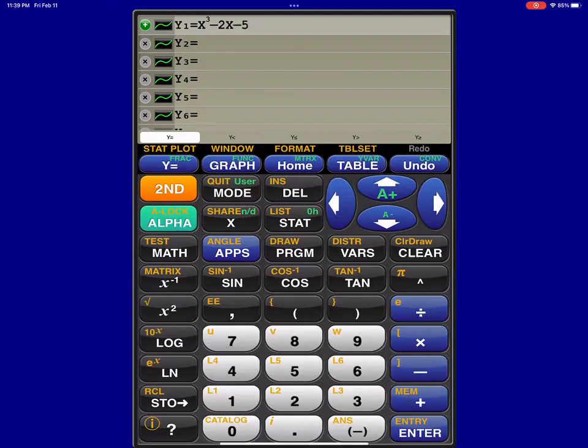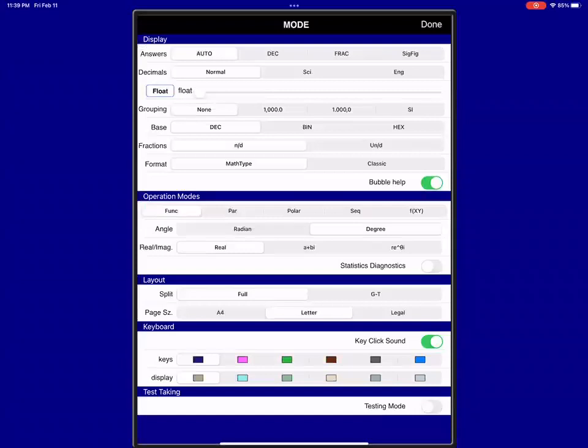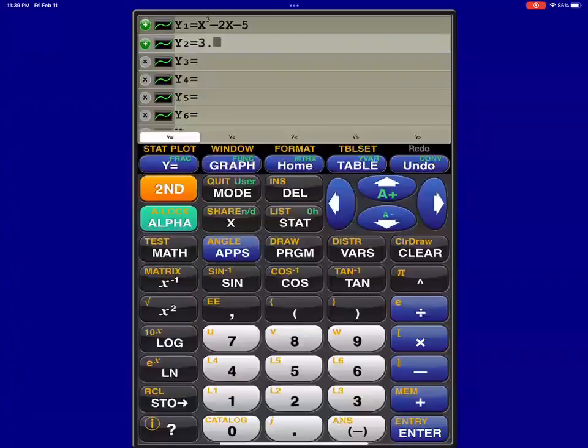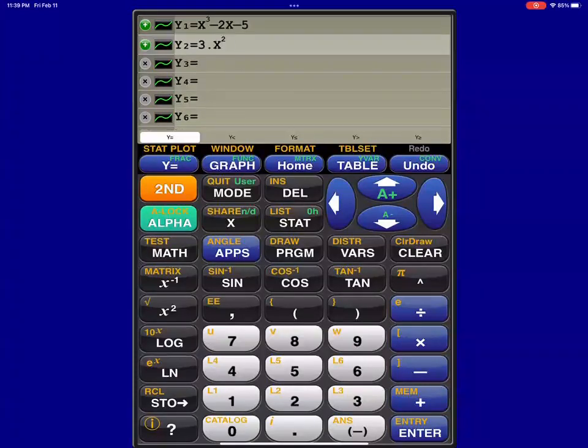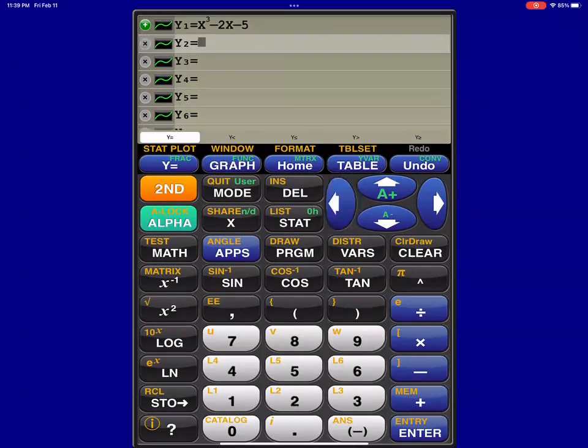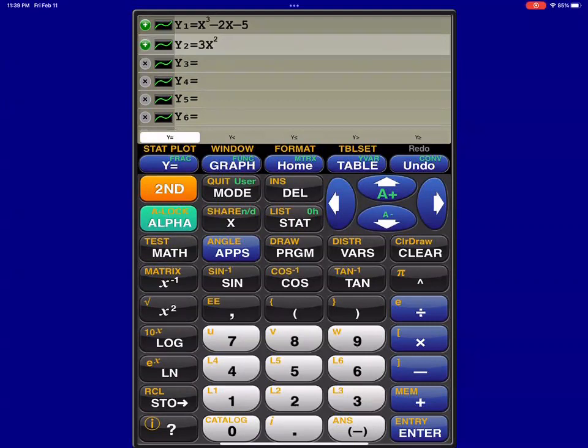And then in y2, find out the derivative, right? The derivative of the function that you've written on top in y1, which is 3x square minus 2.